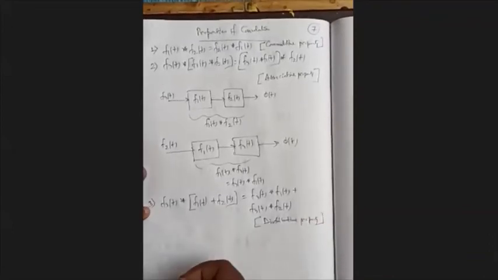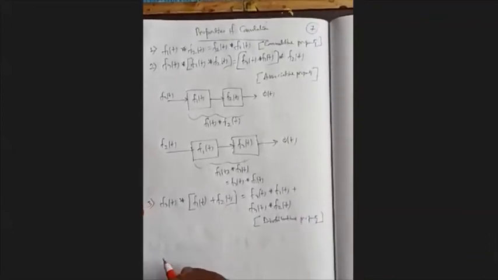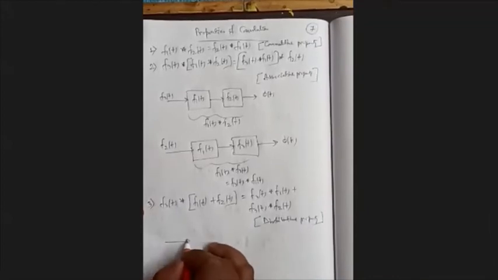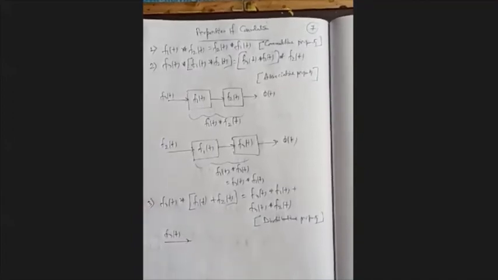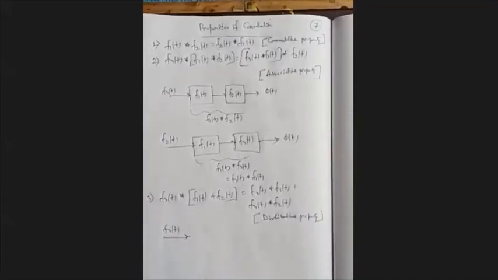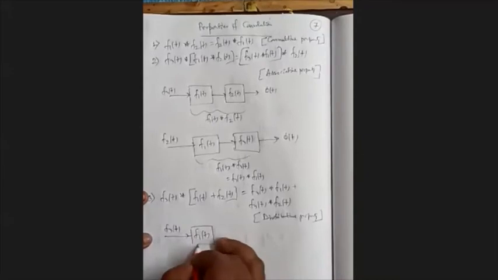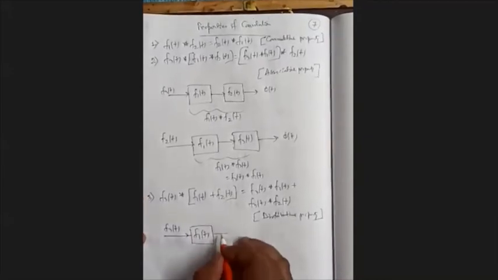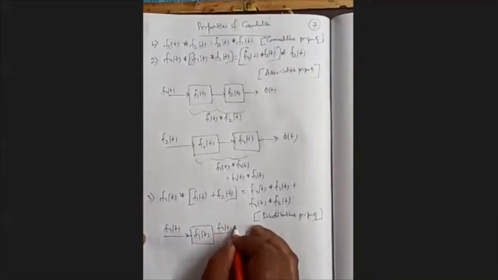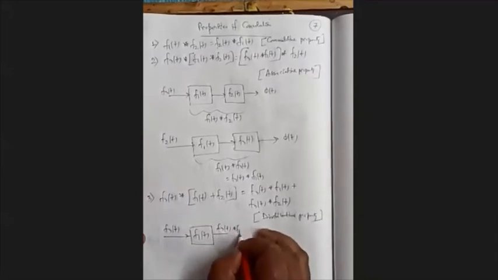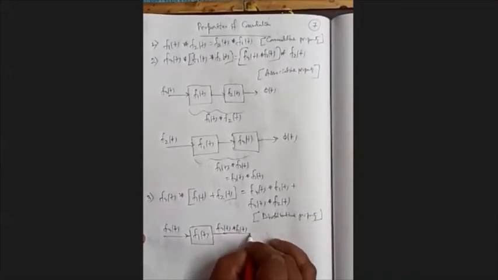What is that? Okay, consider one system f3(t). Now this is applied to one f1(t). So the result is f3(t) star f1(t), that is the convolution.